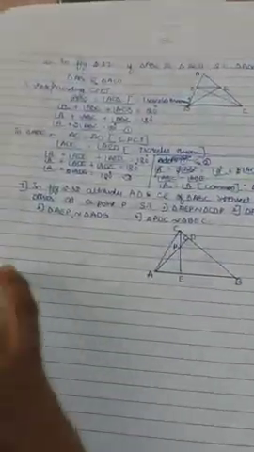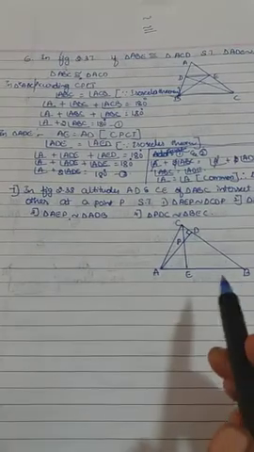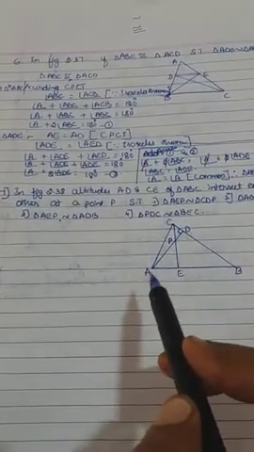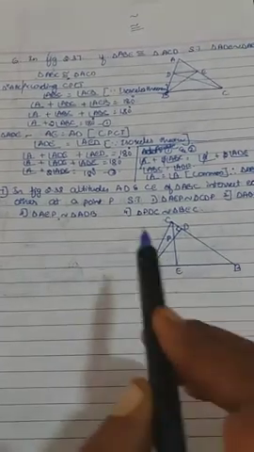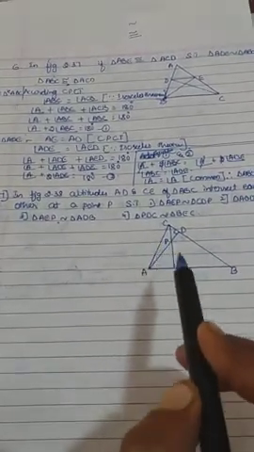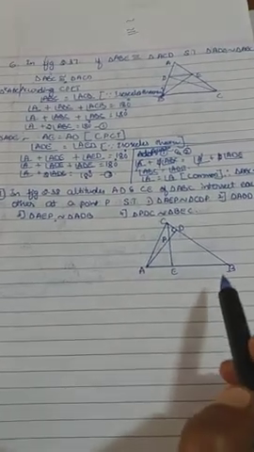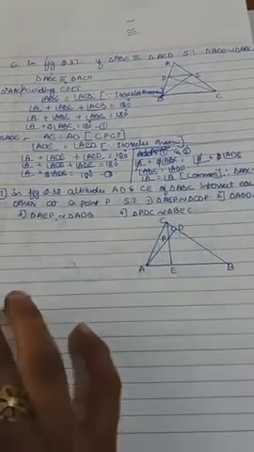And the third one, triangle AEP is similar to triangle ADB, and the fourth one, triangle PDC is similar to triangle BEC. This is what we want to prove.